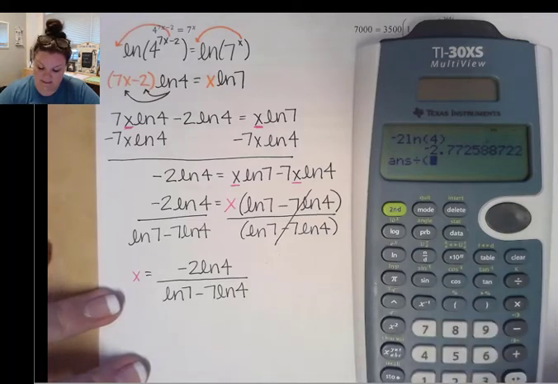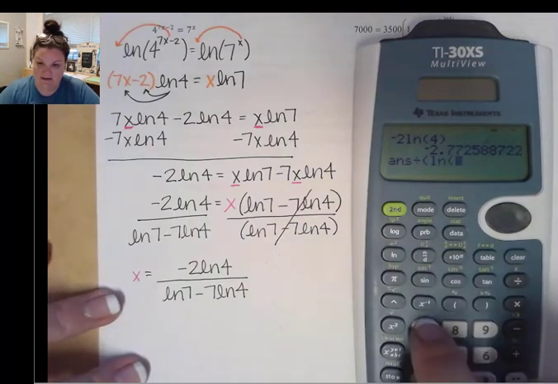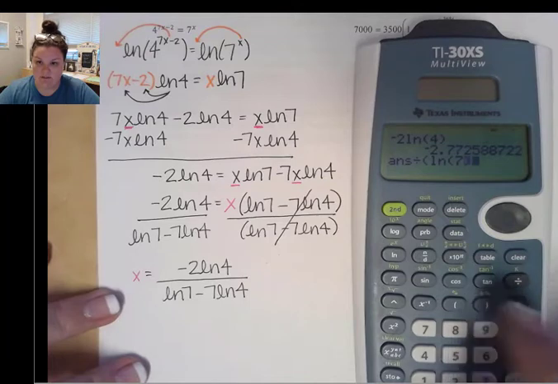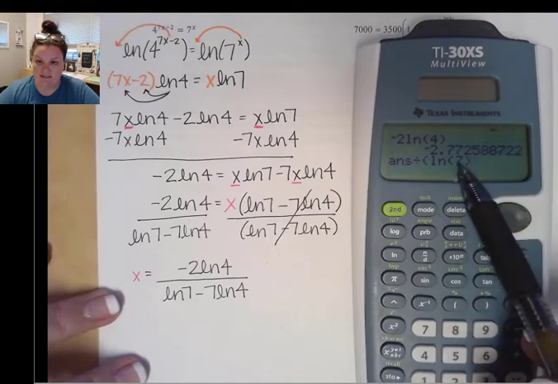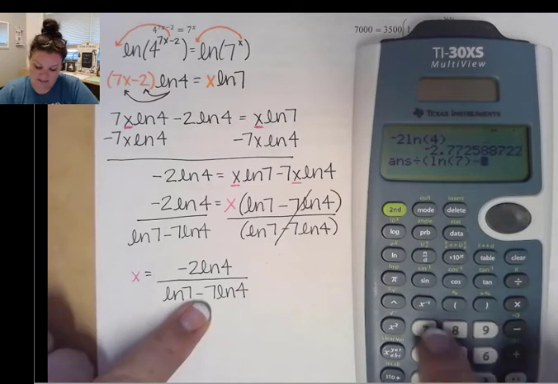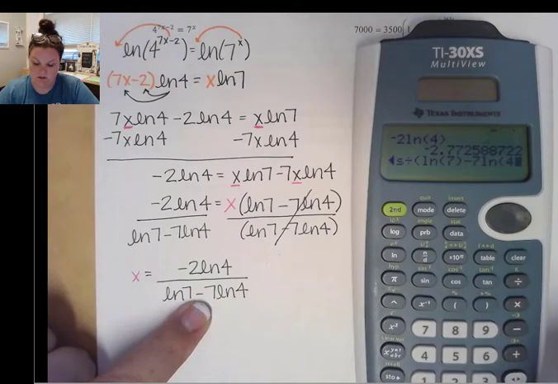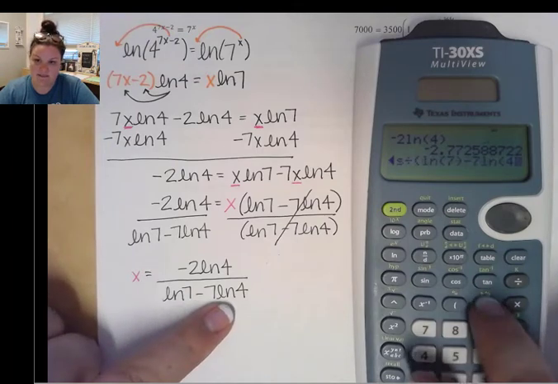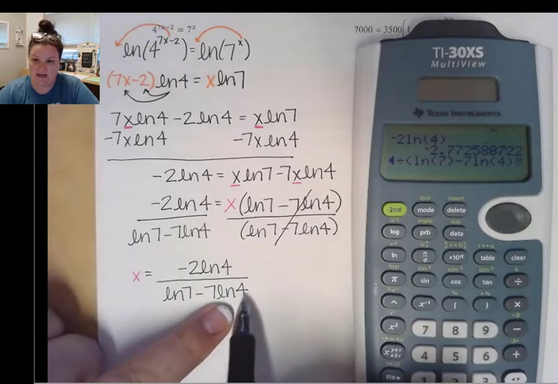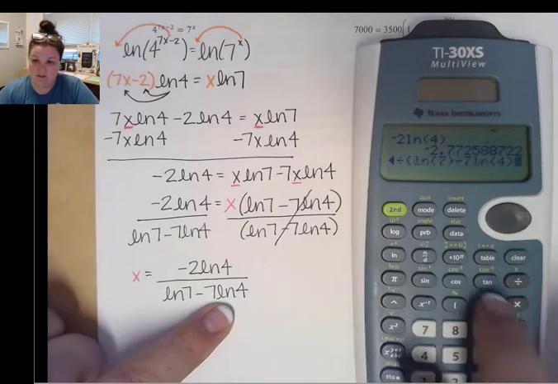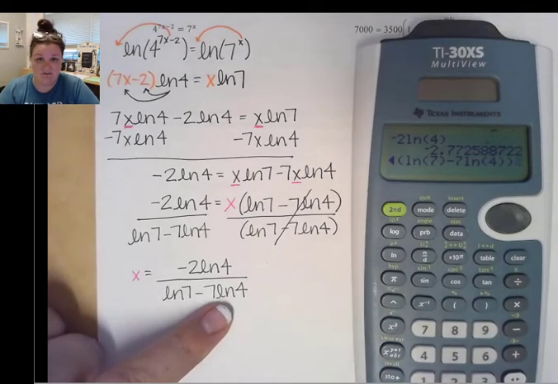So I'm going to put parentheses, ln 7, and I'm going to close the parentheses to show that that's all that's inside that ln. And then I'm going to do my minus 7 times ln 4. And then I need to close those parentheses to show that's all that's in that ln. And then I'm going to close the parentheses that say, okay, that's the end of everything that's in the denominator.